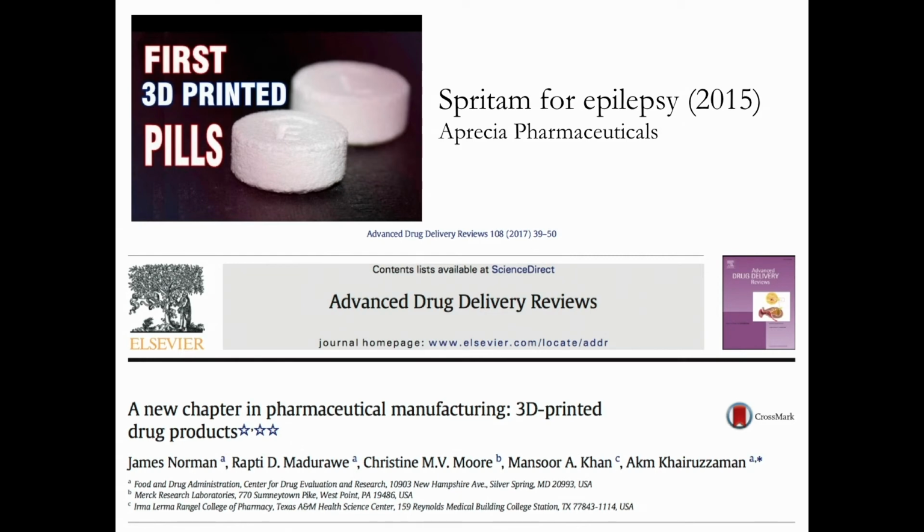This is new research on 3D printing applied in medicine: pharmaceutical manufacturing. In 2015, I don't know if you know, the first pill entirely printed with a 3D printer came on the market. The name is Spritam, a drug for epilepsy.